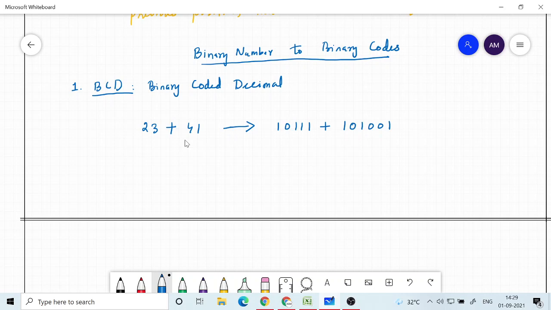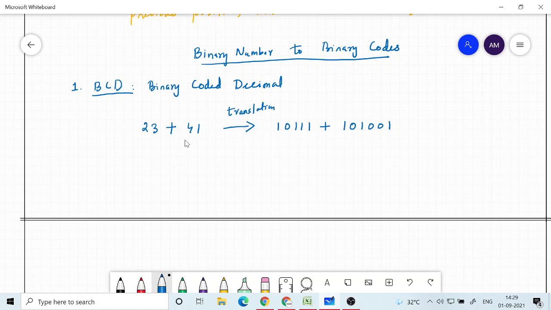This one corresponds to 32 and the last 4 digits correspond to 9. So 32 plus 9 is 41. So I can do it like this and give it as input to the computer. I have to do a translation for the computer to understand.